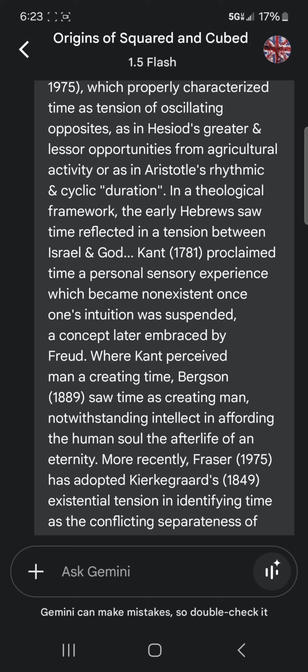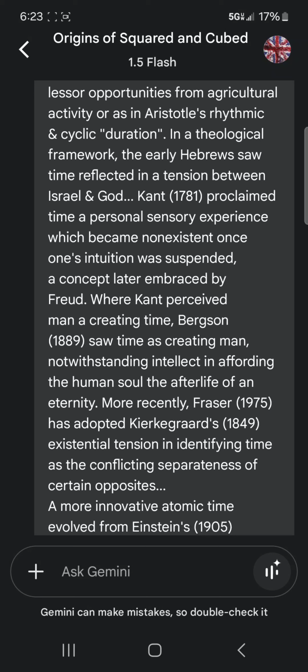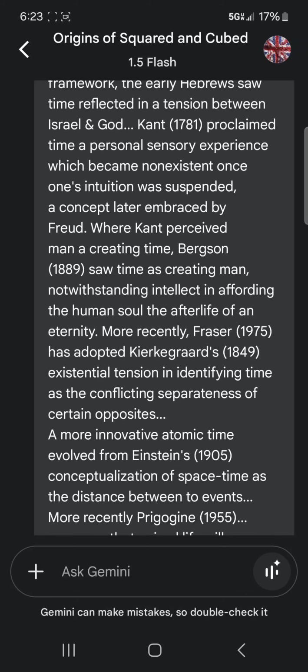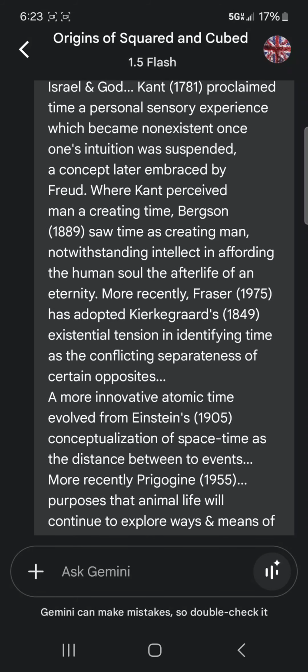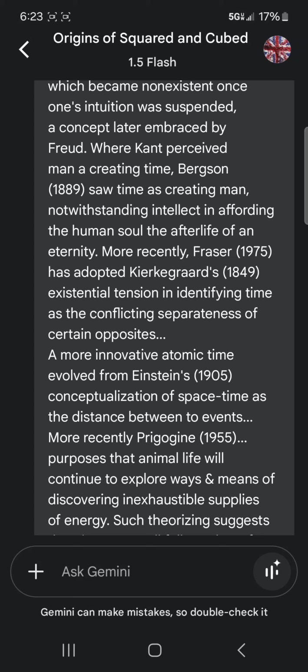Footnote. Kant, 1781, proclaimed time a personal sensory experience which became non-existence once one's intuition was suspended, a concept later embraced by Freud. Where Kant perceived man as creating time, Bergson, 1889, saw time as creating man, notwithstanding intellect, in affording the human soul the afterlife of an eternity.